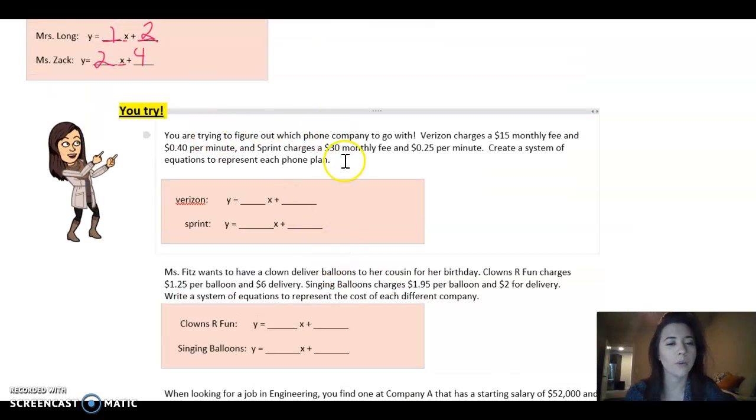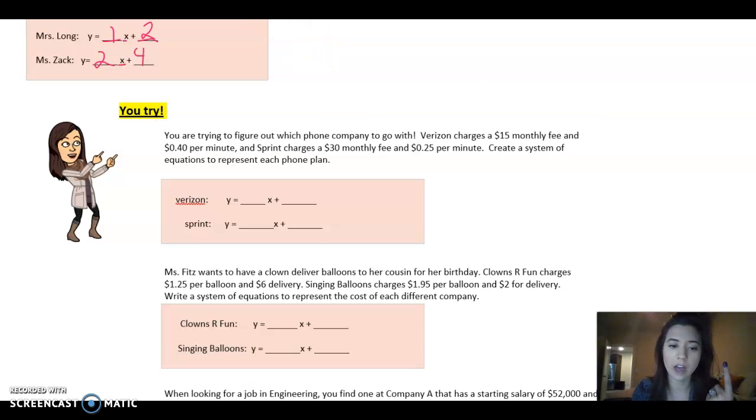So you're trying to figure out what phone company to go with. Verizon charges a $15 fee and 40 cents per minute. Sprint charges $30 for a monthly fee and then 25 cents per minute. Create a system to represent this. So we're creating an equation that represents Verizon and one that represents using Sprint. Same thing, we want to identify the rate for that company and then its starting fee.